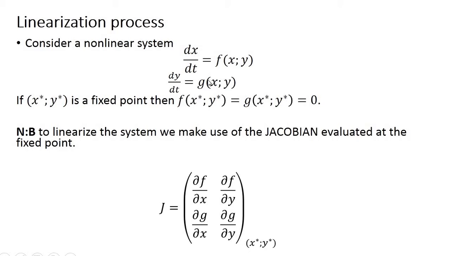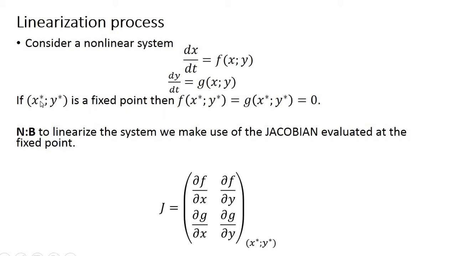It is a system where f(x, y) and g(x, y) are given in terms of higher order variables, for example y squared, x squared, or as a product of these two.